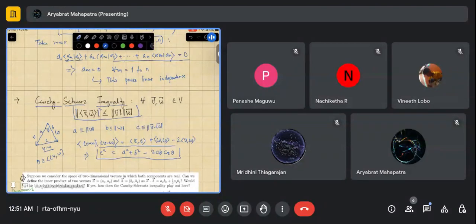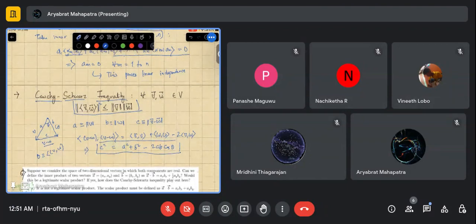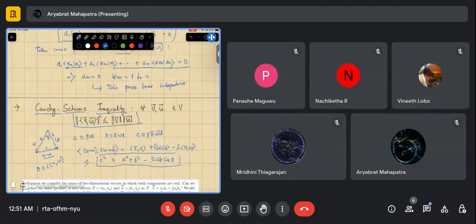You will find this statement in various forms. Sometimes I would say the sum of two sides of a triangle cannot be greater than the third side. In that way also people express this Cauchy-Schwarz inequality.